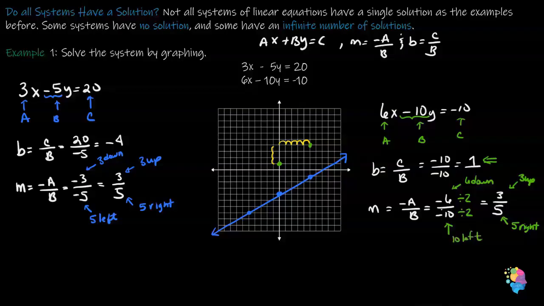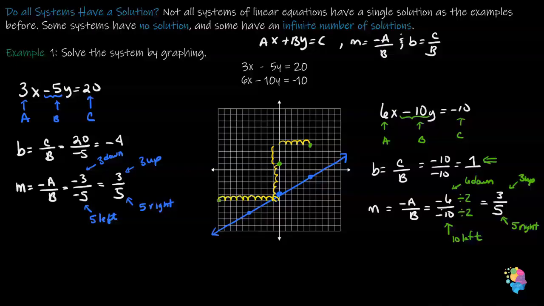So 6 down, that would be 1, 2, 3, 4, 5, 6 down, and 10 to the left. That would be 1, 2, 3, 4, 5, 6, 7, 8, 9, and 10. And that's where we will plot our point.